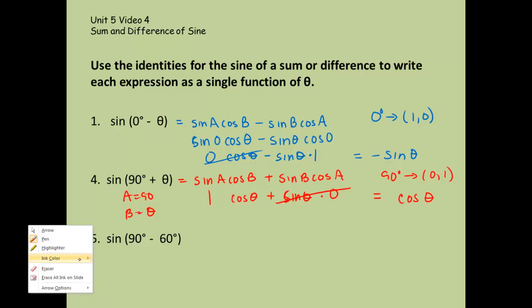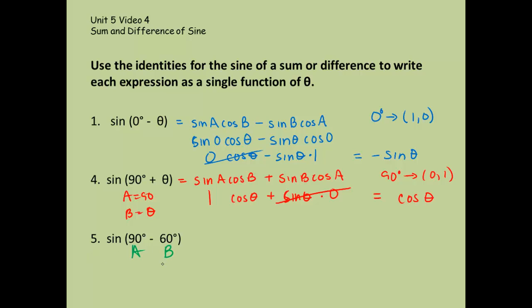Alright, let's try number 5, where we actually have two different angle measures involved. So I need to know that this is angle A and this is angle B, and 90 degrees, again, has the location of 0, 1, and 60 degrees, without drawing a triangle, will give me 1/2, root 3 over 2. So that is my cosine and my sine.